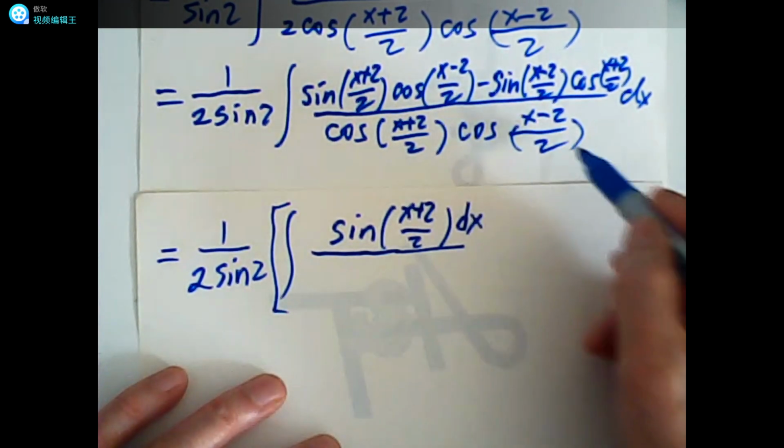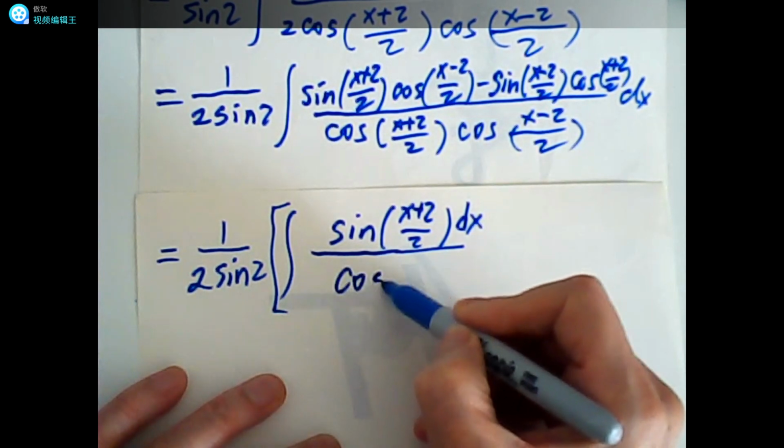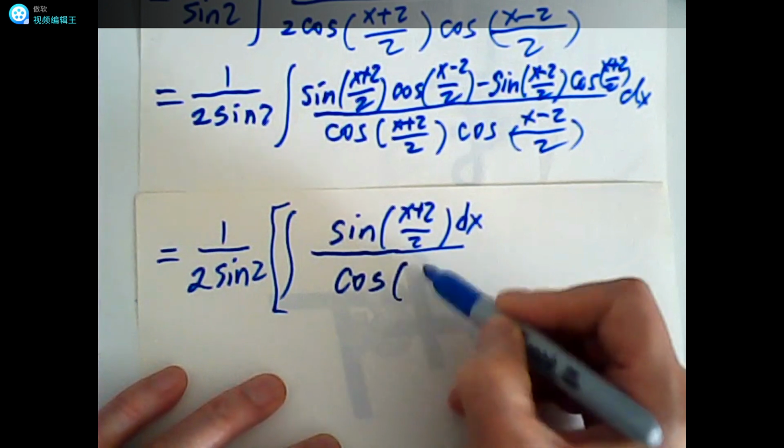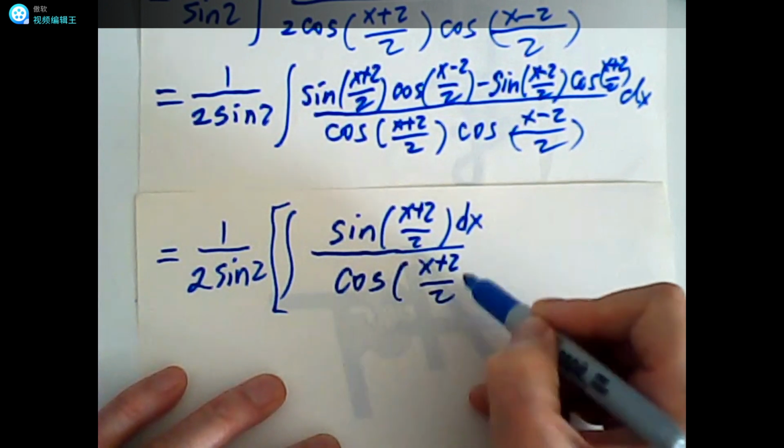Then this cancels out, so you have this left over, cosine (x plus 2)/2.